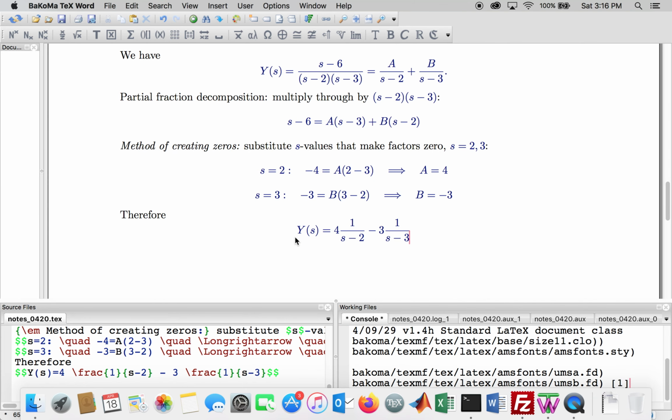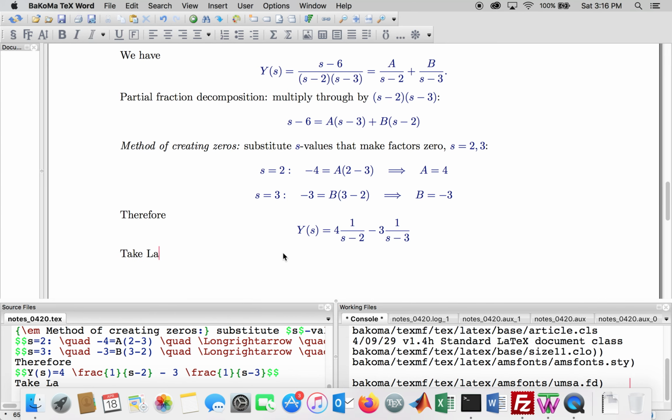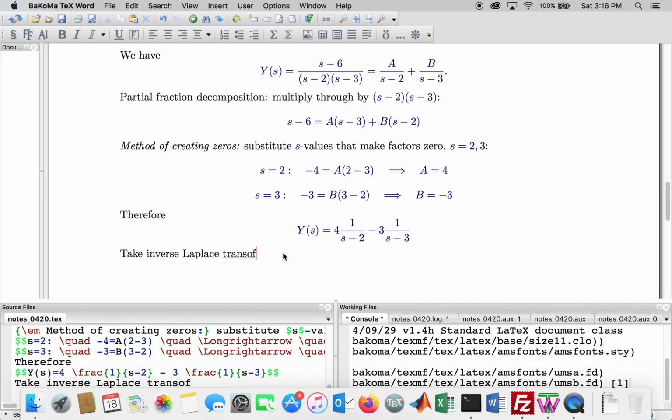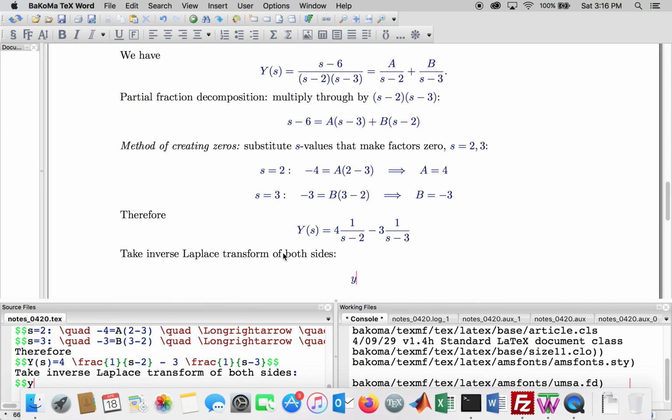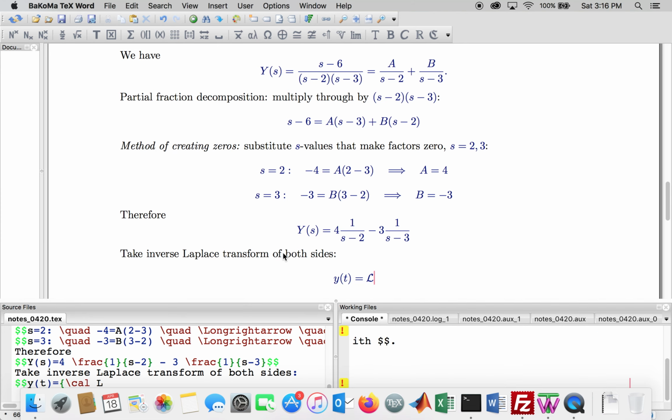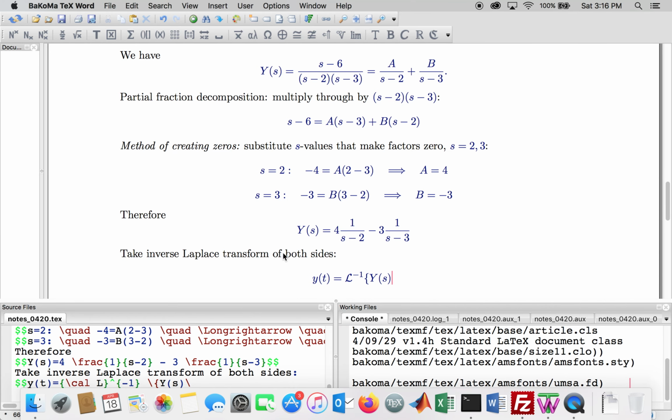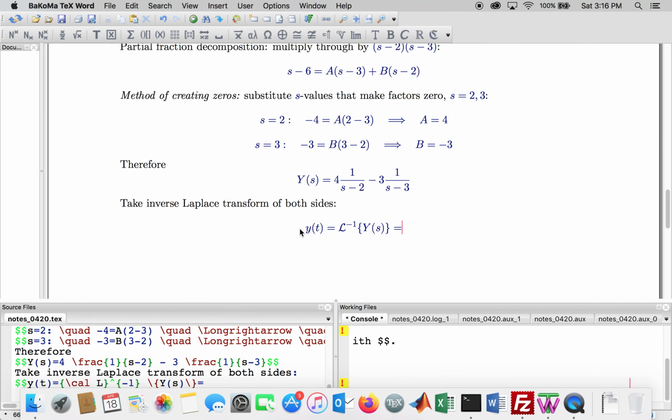All right, so now we need to take the inverse transform of both sides. So y of t, which is the inverse transform of Y of s. Now, just as the Laplace transform is linear, the inverse transform is also linear.